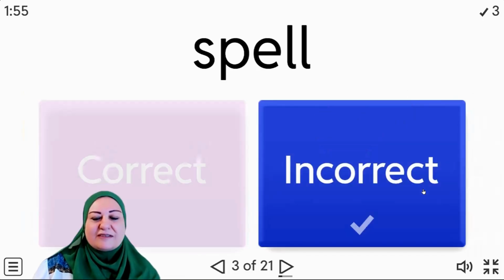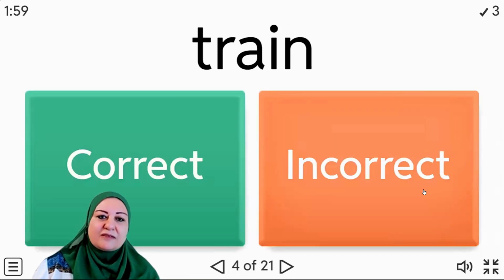No, it doesn't. It's a short E sound. Okay, so this is another activity that you can try with your child. You can keep practicing, and I'm going to include the links to both activities in the description box beneath this video.